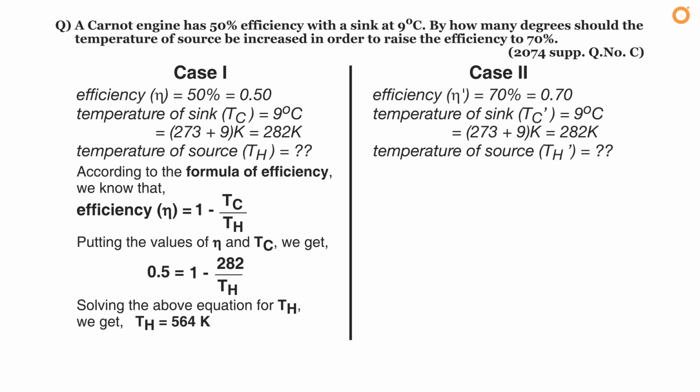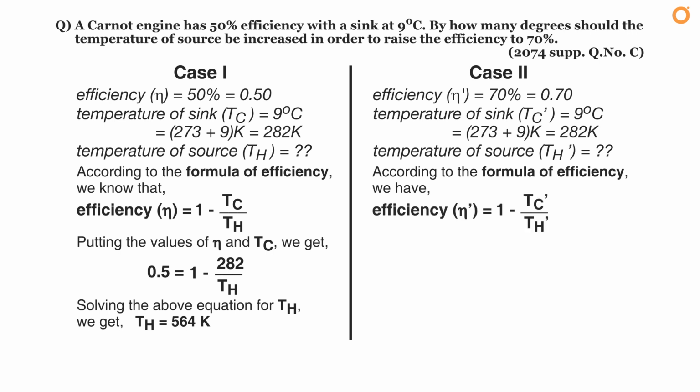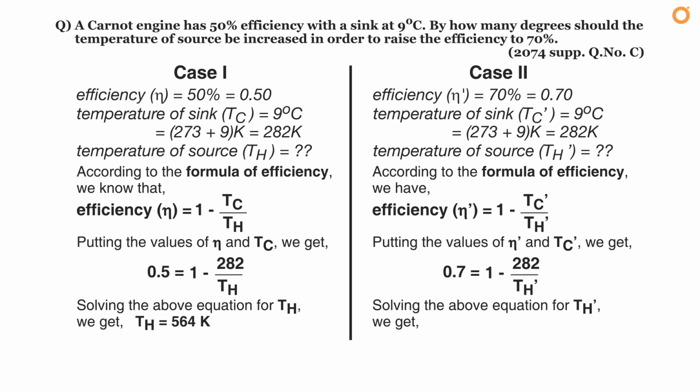Also, let's find the value of Th' in case number 2. According to the formula of efficiency, we have eta' = 1 - Tc'/Th'. Putting the values of eta' and Tc', we get 0.7 = 1 - 282/Th'. Solving the above equation for Th', we get Th' = 940 Kelvin.